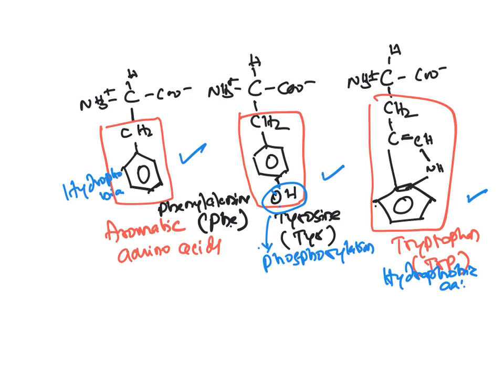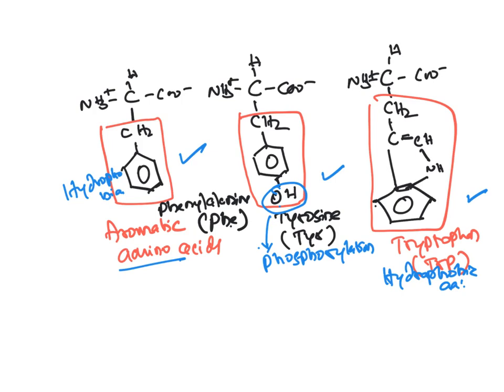Of course, there will be certain disorders in the metabolism of phenylalanine, tyrosine and tryptophan, but we are going to go into that later as we move on with other chapters in biochemistry. So these three are aromatic amino acids, and phenylalanine and tryptophan are hydrophobic amino acids. That's about aromatic amino acids.